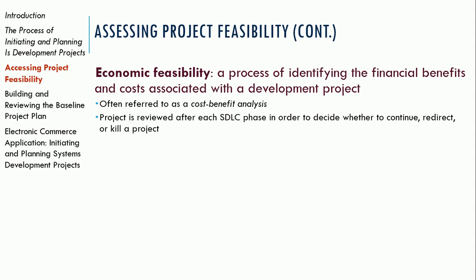So the project is reviewed after each phase to decide whether to continue, redirect, or kill a project based on the economic feasibility. So this is one of those stop points. When we do a go or no-go. When you saw my very first slide presentation, I showed you that spiral. And in that spiral, there was this go or no-go axis along that spiral where we would stop and reevaluate what we're doing and make sure that we're moving in the right direction.